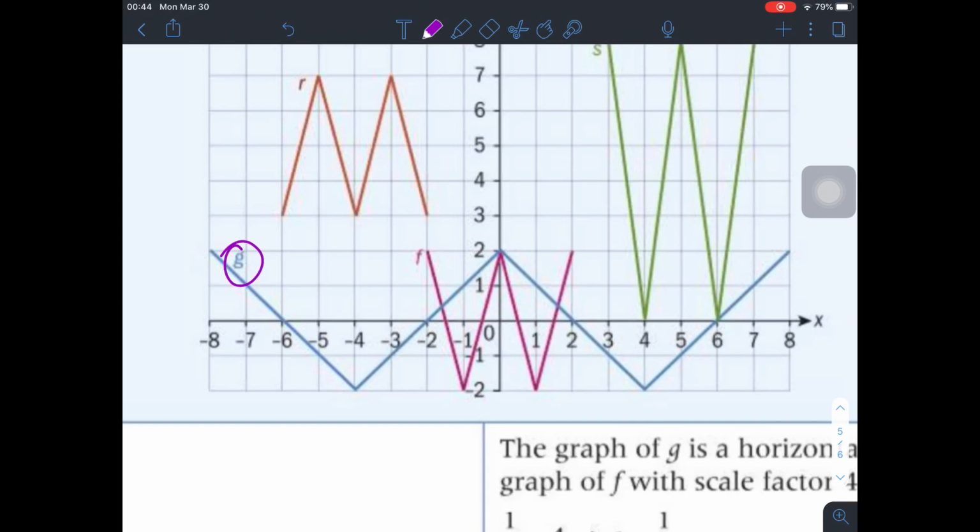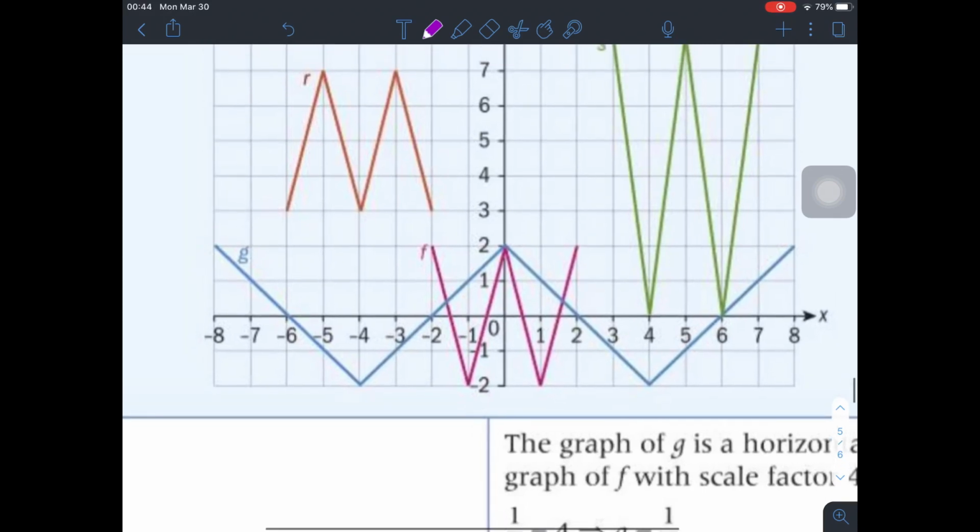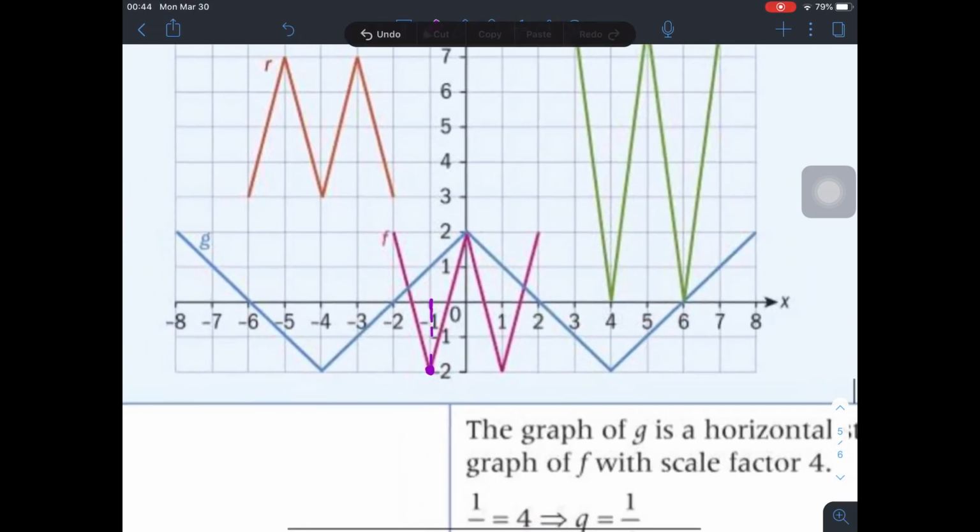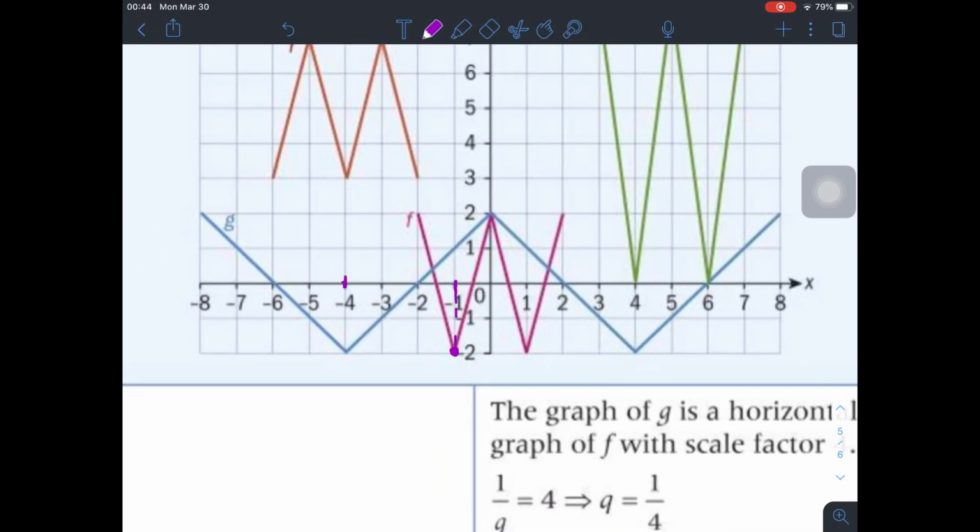So I know that g of x is f of some number which is between 0 and 1. And you see that all of the values, for example, this -1 over here now moves to -4, which is the vertex of the W, right?